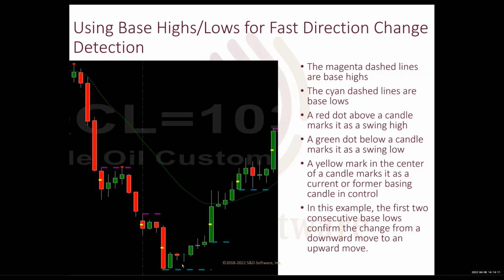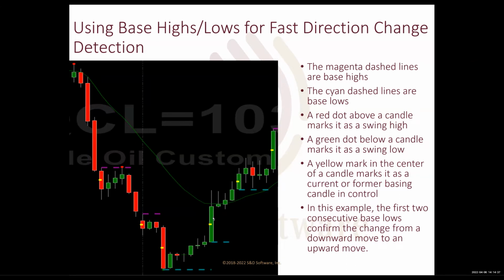For starters, in order to get this base low, what had to happen? You had to have the leg out to the upside. And that meant that supply, which had been holding price within the base, is gone. And so that's our first failure of supply.